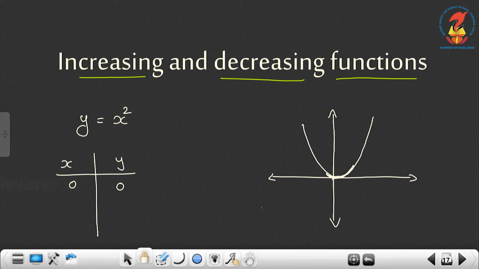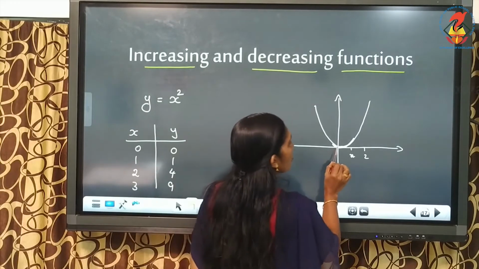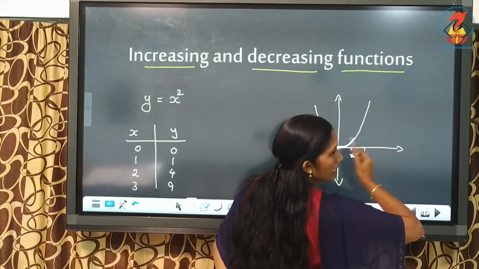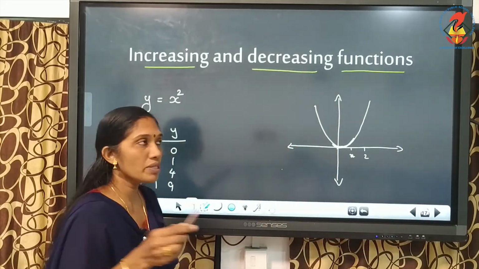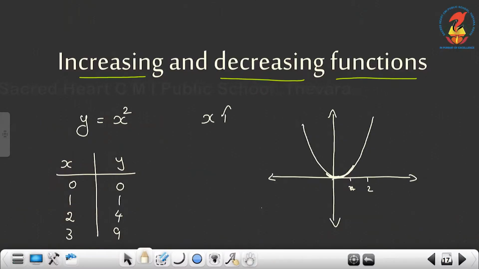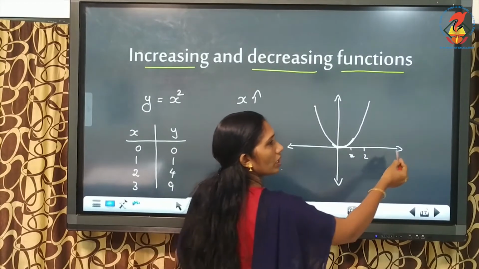First you consider the right hand side, then x is 1, 2, 3 like that. So, when x is 1, what is the y value? It is 1 itself. When x is 2, that becomes 4. When x is 3, it becomes 9 like that. So, when we move from this origin to the right hand side, x values go on increasing: 1, 2, 3, 4 like that.